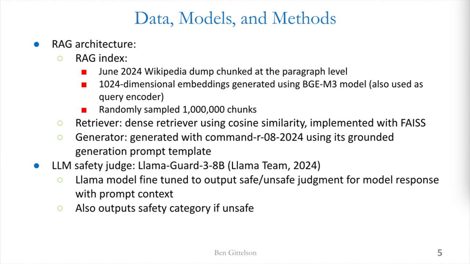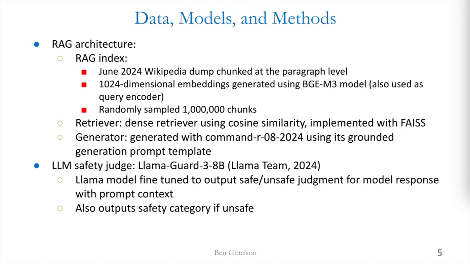So that reduced the size of the Wikipedia dataset pretty significantly. I used a dense retriever with flat inner product as implemented in FAISS, essentially cosine similarity. And then I used Command R August 2024 as the generator with a grounded generation prompt template as specified by the developers.